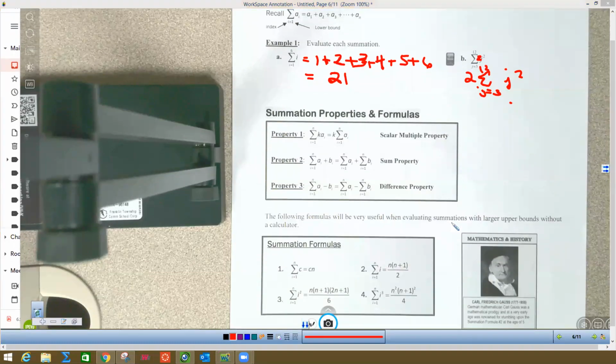All right, and then this next thing is Gauss's stuff. He came up with these summation formulas. This one says if you've got a constant C here, this is kind of a shortcut.